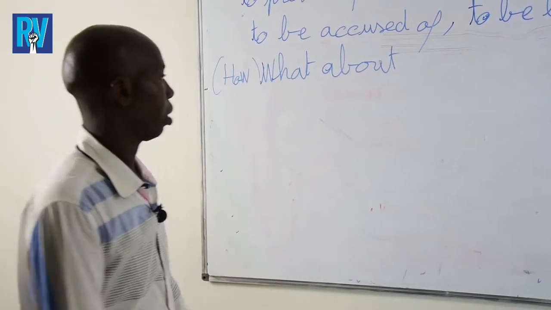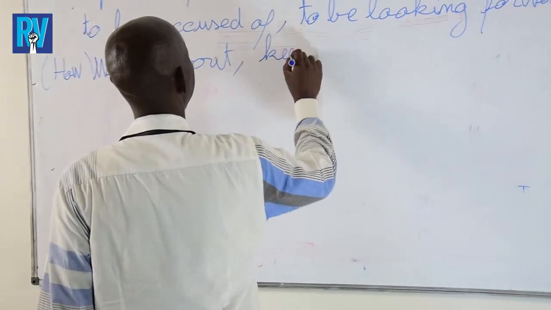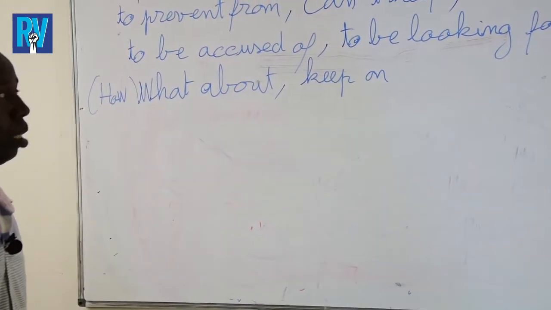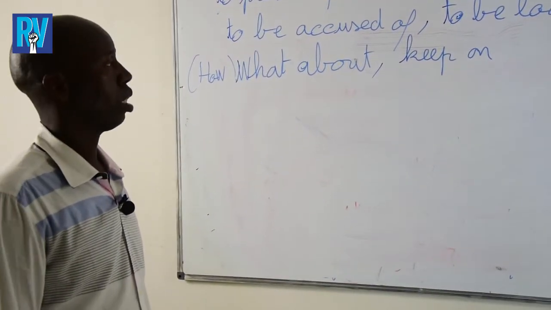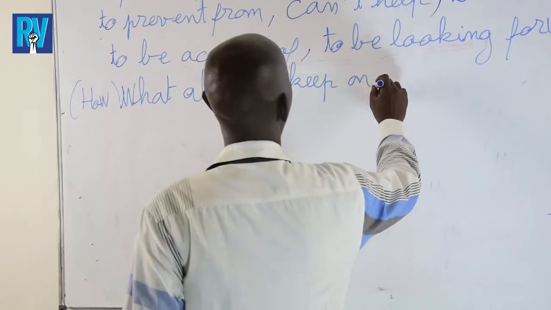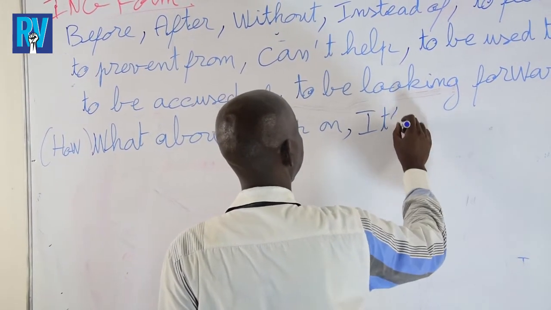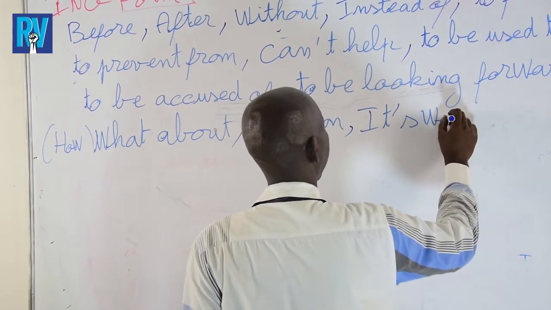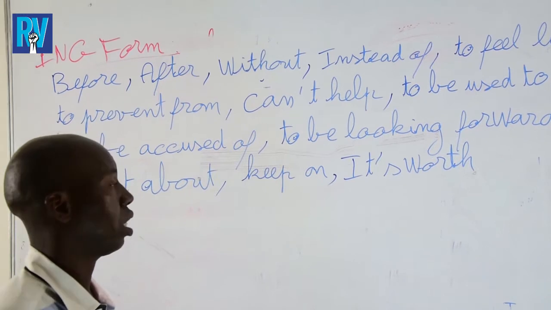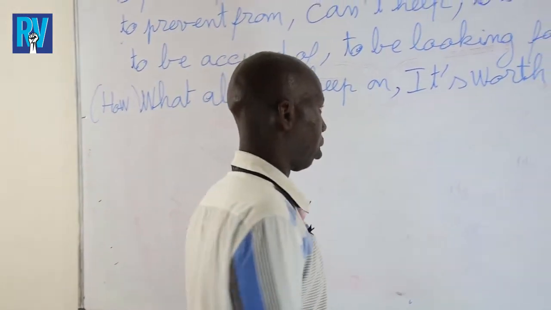What about? To keep on. Keep on. Le verbe qui suit prend la forme ing. Okay? We have it's worth. Ça vaut la peine. It's worth. This book is worth reading. C'est livre qui vaut la peine d'être lu. It's worth.